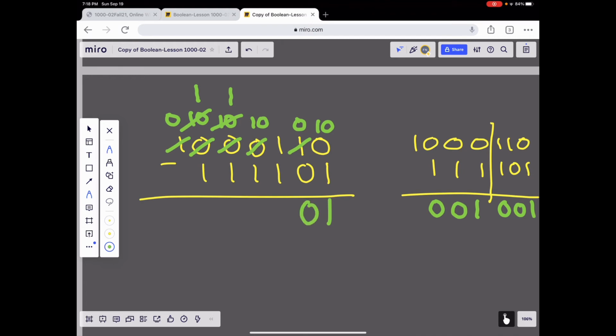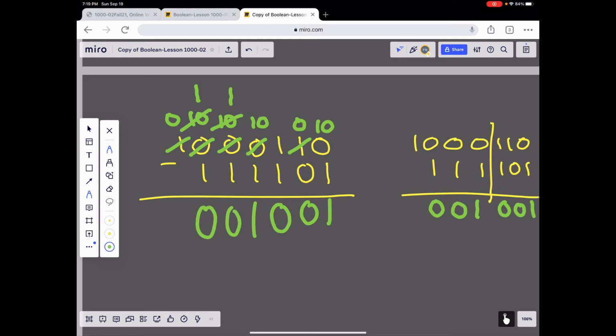So 1 minus 1 equals 0. Now 0 cannot subtract 1, so you borrow 10 from there. So 10 minus 1 equal 1. Since you borrow 10 from here, you got 1 left. Same thing over here. You borrow 1 from here, so 1 minus 1 equals 0.